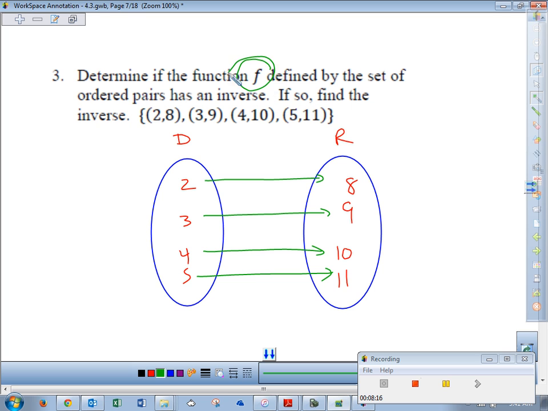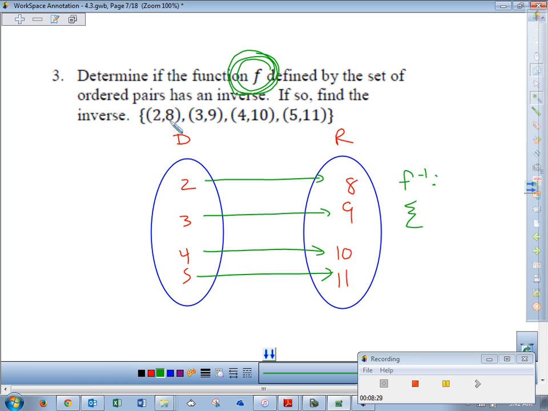So since this guy was called F, whatever letter they use, they can use a G, they can use an H, or whatever. Use that same letter again, but put the -1 up there. That's F inverse will be this. You write another relation. And what do you do? You switch x and y around.